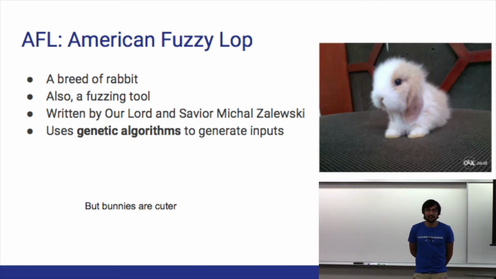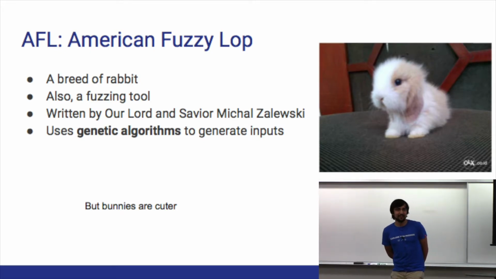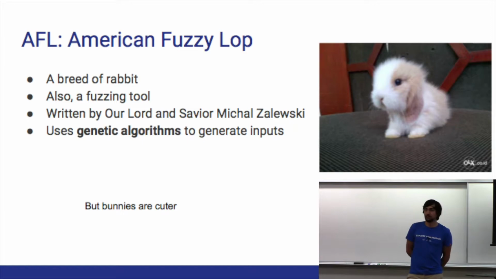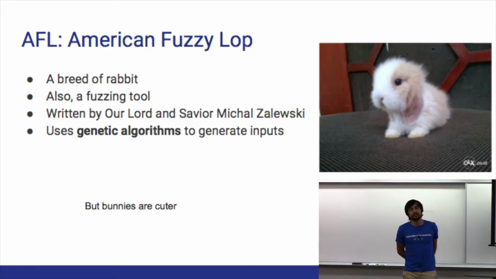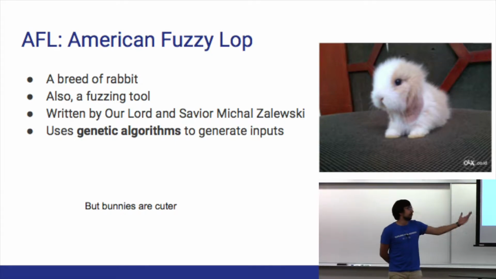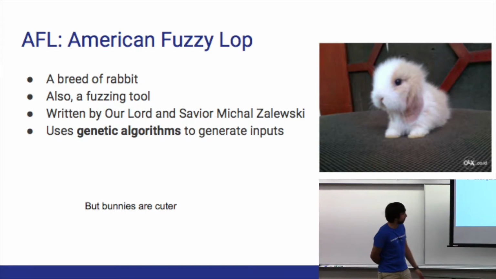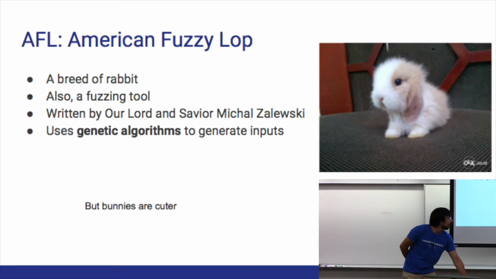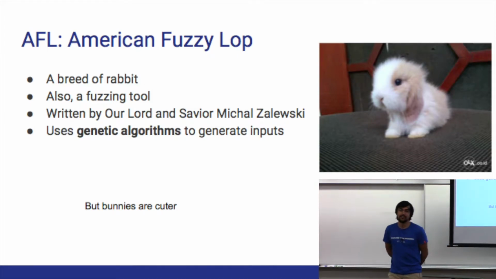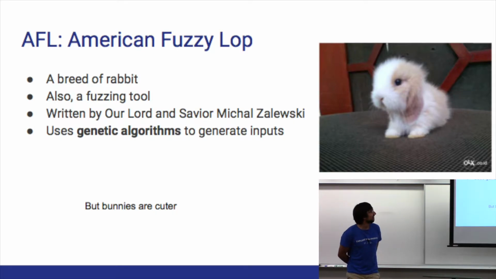He also went, I'm going to write a web application scanner, and wrote it in like 2 weeks, and it became canon as well. And he did the same thing with a book, which is called Tangled Web, which is definitely worth reading if you are interested in browser security. But to explain the bunnies, we could have pictures of Michael Zalewski scattered throughout this slideshow, but bunnies are cuter. So we're going to do bunnies.